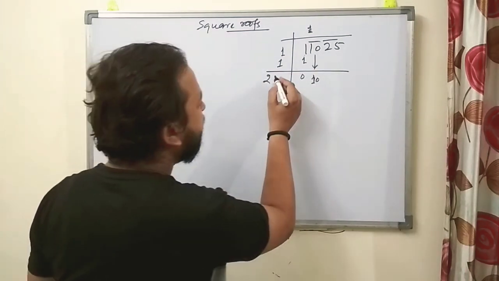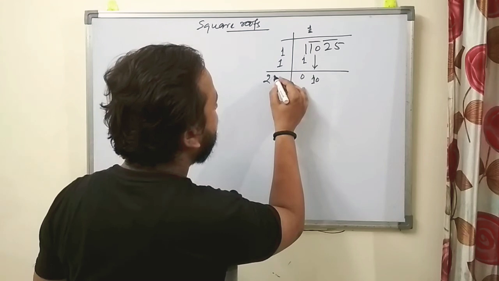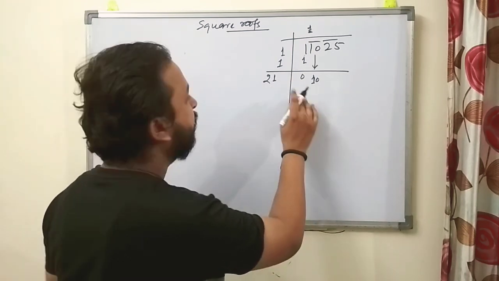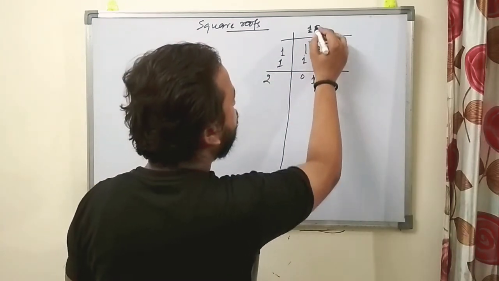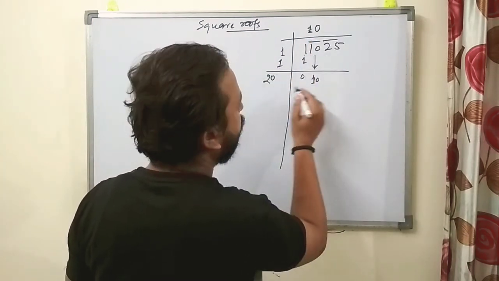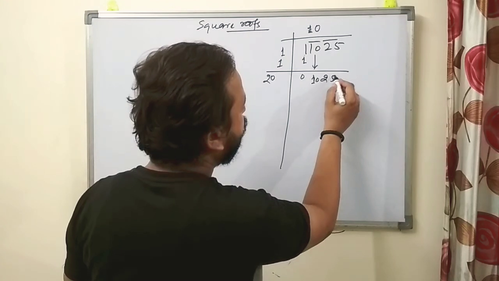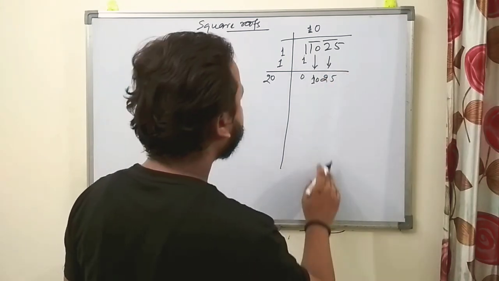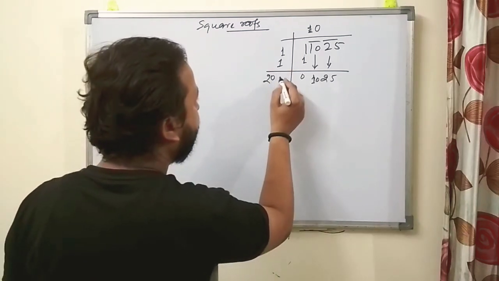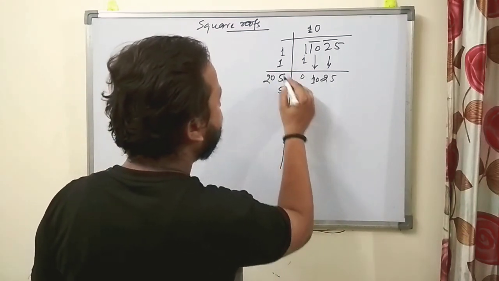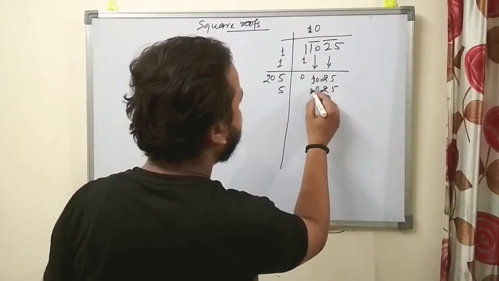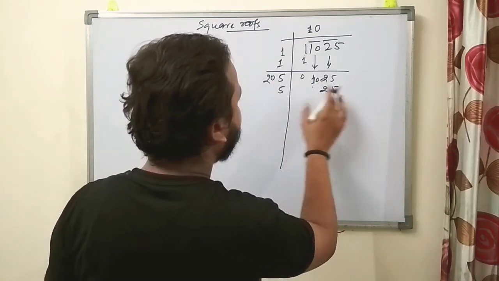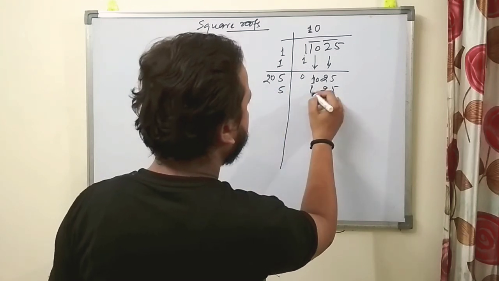If you write any number here, suppose 1, then 21 is greater than 10. That is why I put 0 here, 0 here also, and 25 comes down. Now 5 times 5 is 25, 5 times 2 is 10.